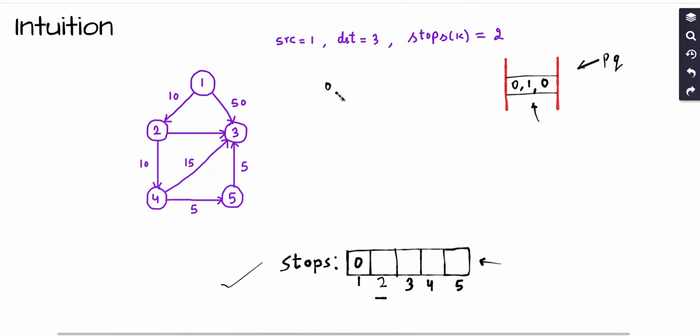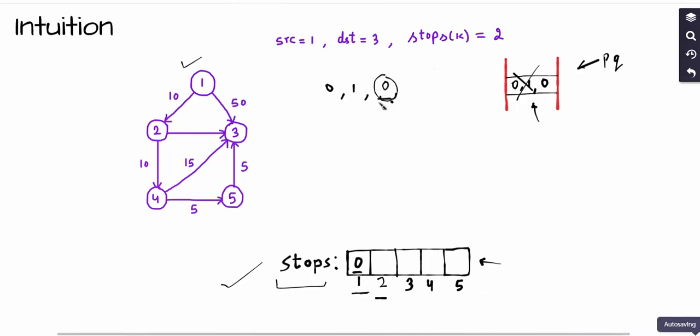So I have node number 1 now, and I am exploring the source city. Here we check this triplet 0, 1, 0. First I check in the stops array for the source city whether I have reached it along some path which has fewer steps than the steps we have here. But we can see there is no such case. The number of stops for city 1 in this stops array is also 0, as it is here.